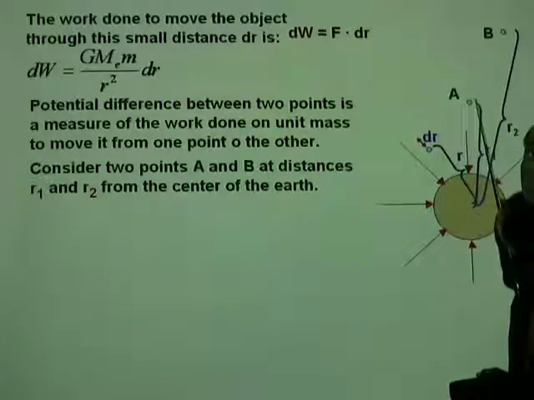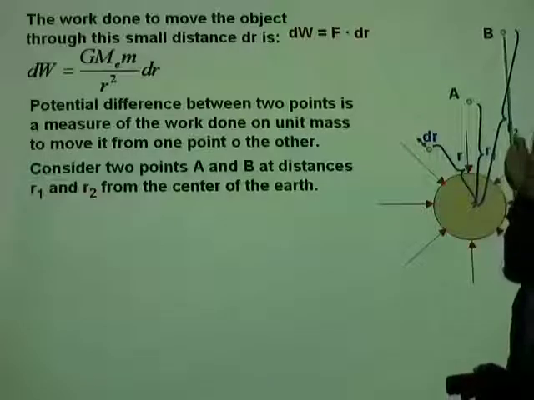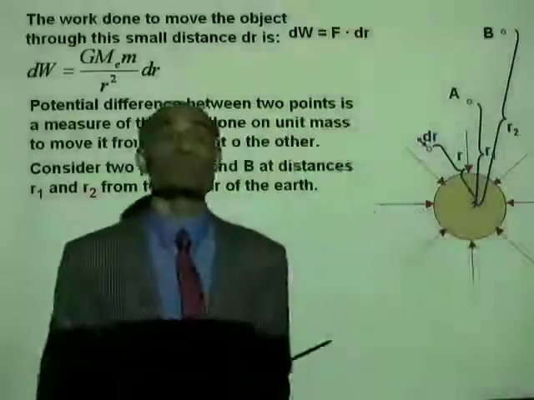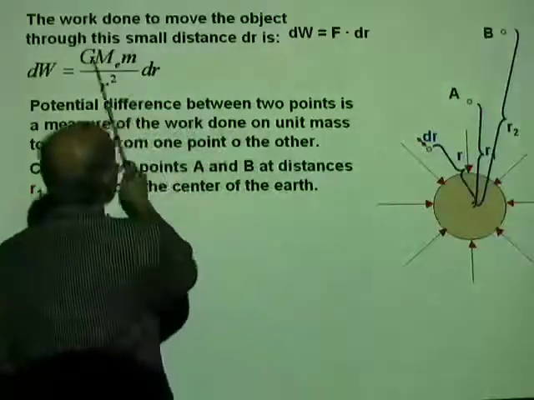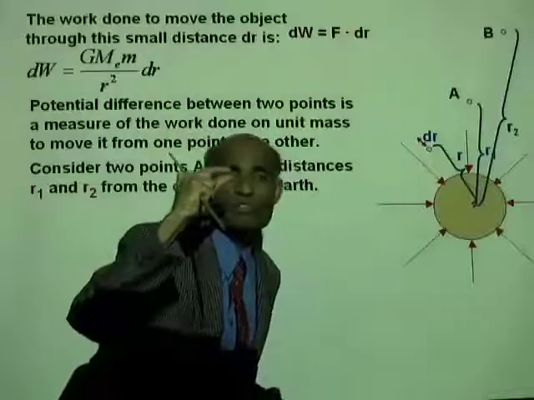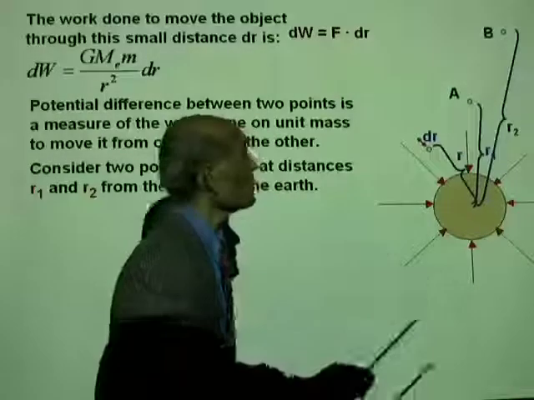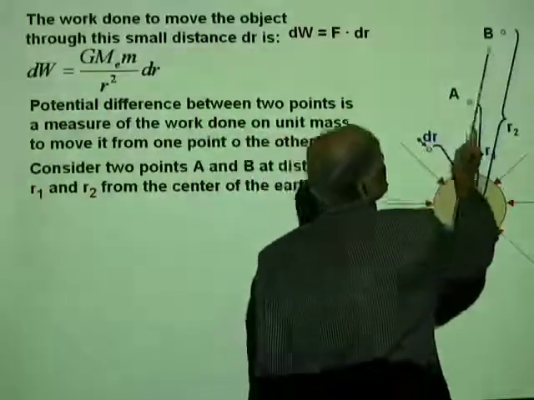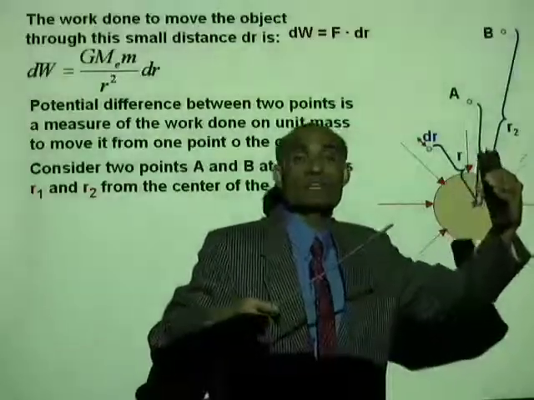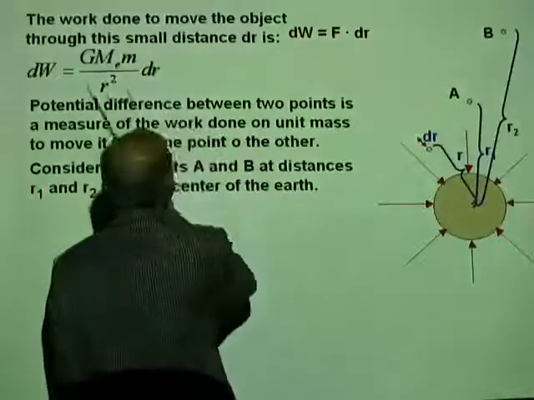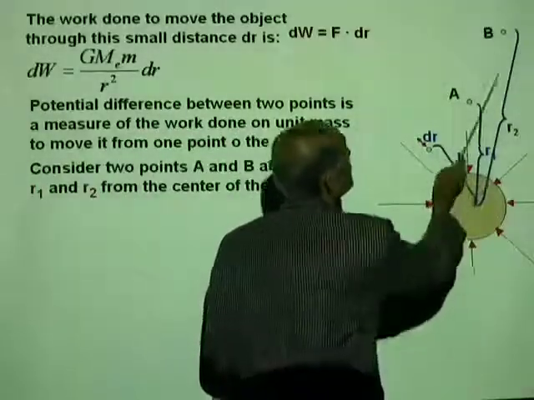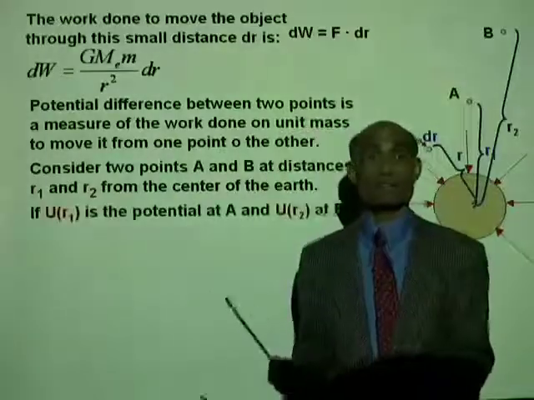We want to move this object from point A to point B. What is the amount of work done? This is the amount of work done to move the object through a very small distance dr. So, to find the total amount of work done to move the object from A to B, we integrate this quantity from r equal to r1 to r equal to r2.